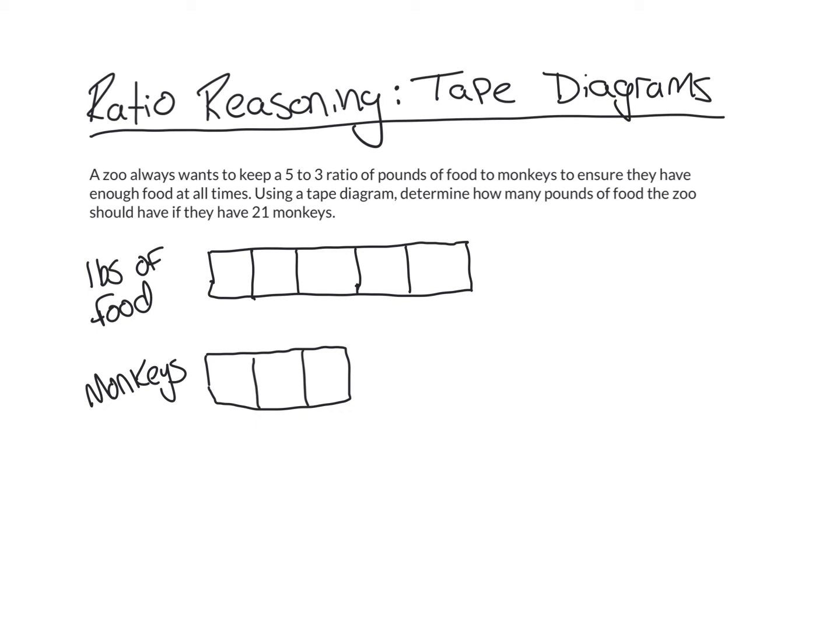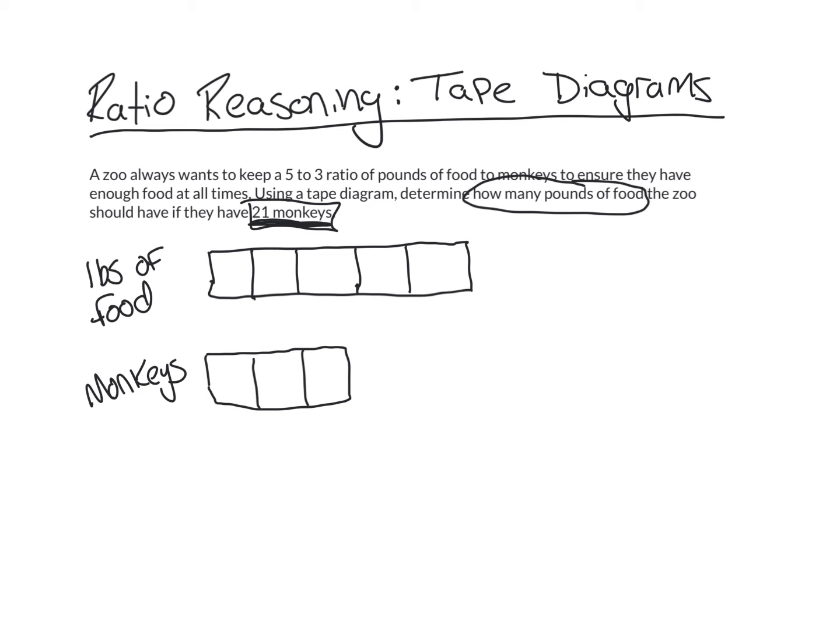Now we need to determine how many pounds of food the zoo should have if they have 21 monkeys. So we know that we have 21 monkeys, and we're trying to figure out how many pounds of food. So we're going to take what we know, and we're going to divide it into the appropriate number of boxes.